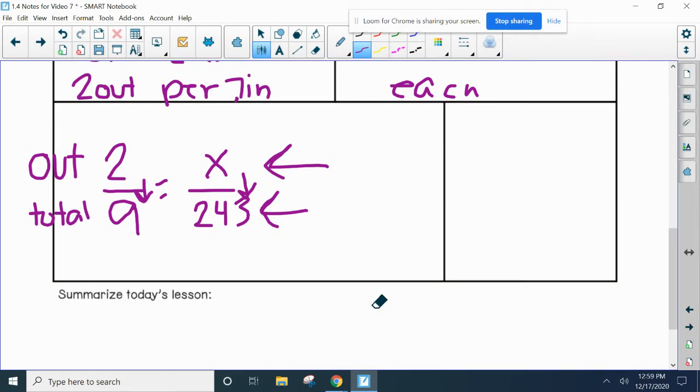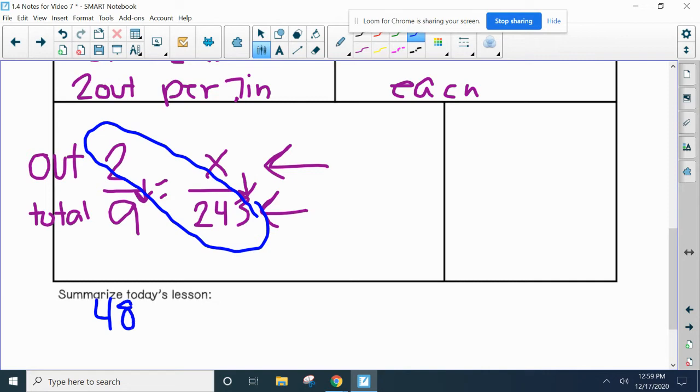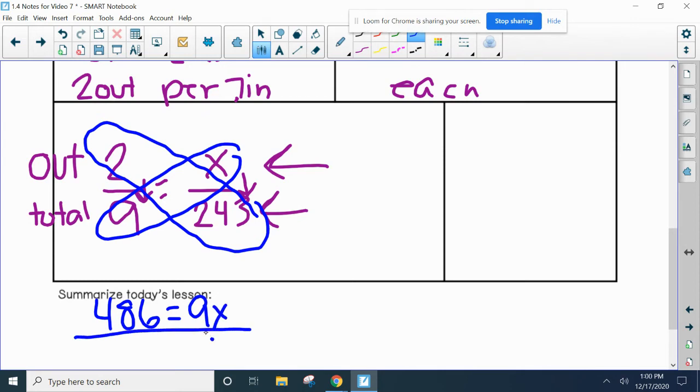So I'm going to go ahead and multiply 243 times 2 to give me 486. And x times 9 to give me 9x. We go ahead and divide both sides by 9.